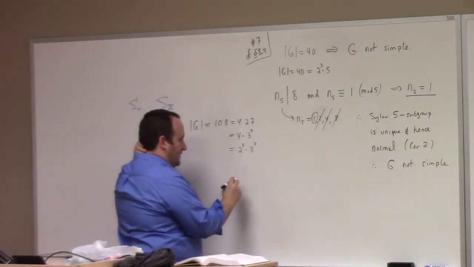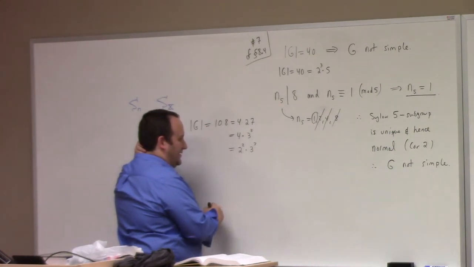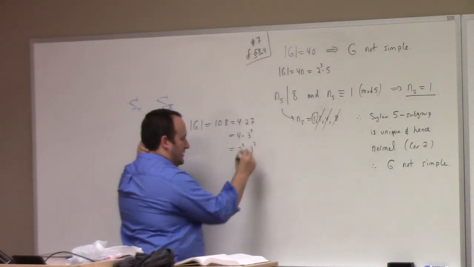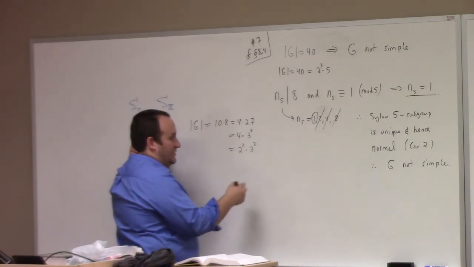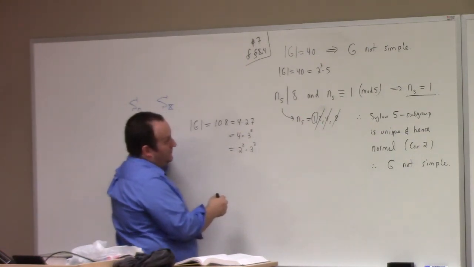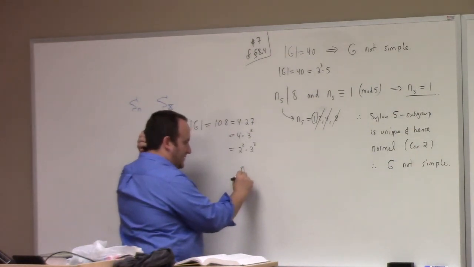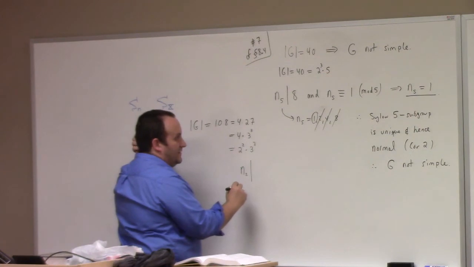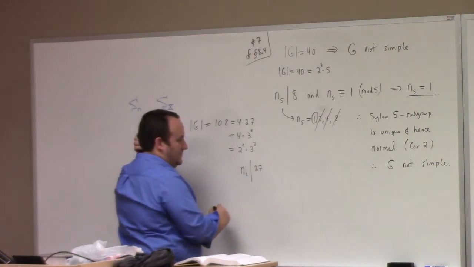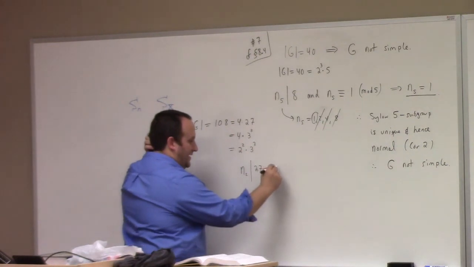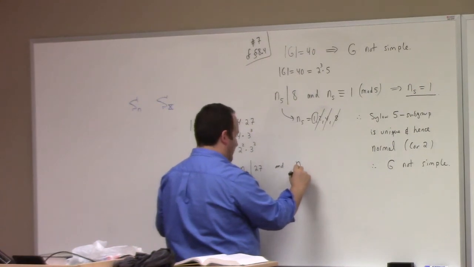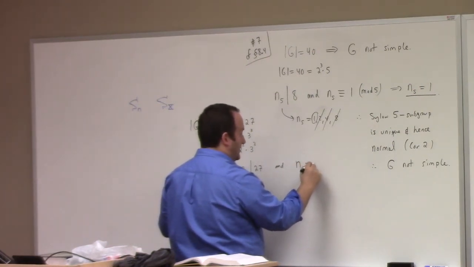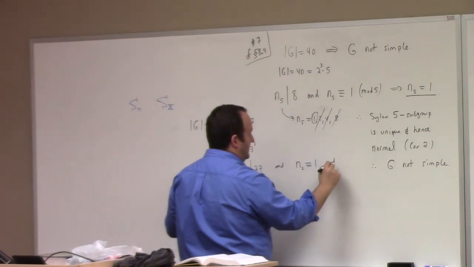I don't know which way to go here. Want to study the 2? Okay. So n sub 2 has to divide 27. Starting to regret that. And yeah, let's weigh our options here. We have to look at n2 divides 27, and n2 is congruent to 1 mod 2.